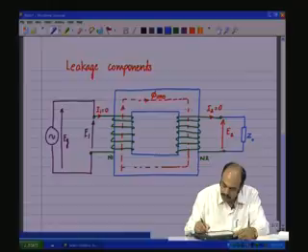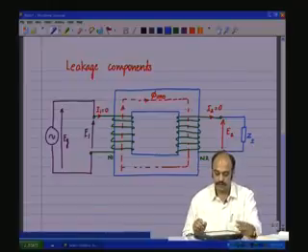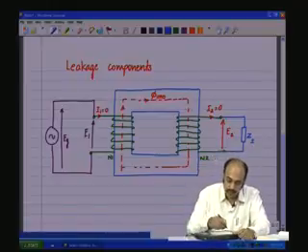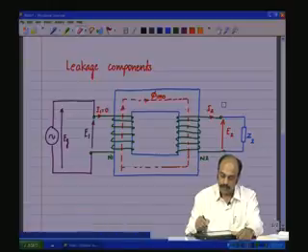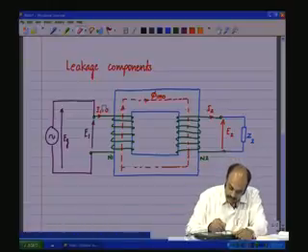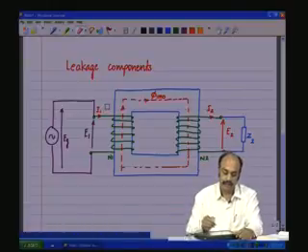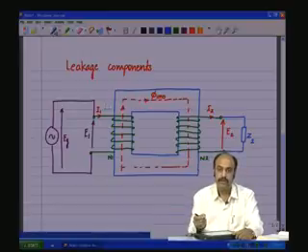Now, because a load Z2 on the secondary side has been introduced, there is going to be a secondary current which is not 0, and as a consequence there is also going to be a primary current which is not 0.